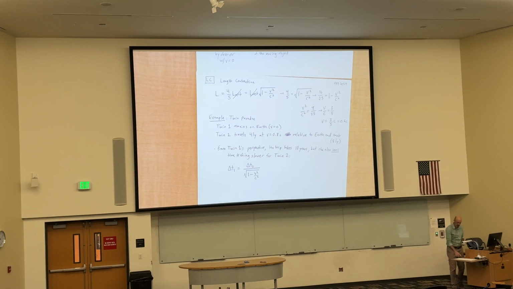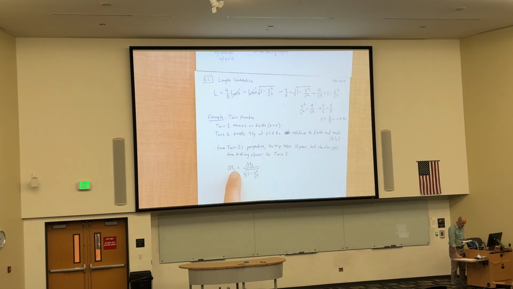Okay? So this is the proper time, and then this is the time in twin 1's reference frame. Okay. So we're trying to solve for delta T2. This delta T1 is the 10 years.